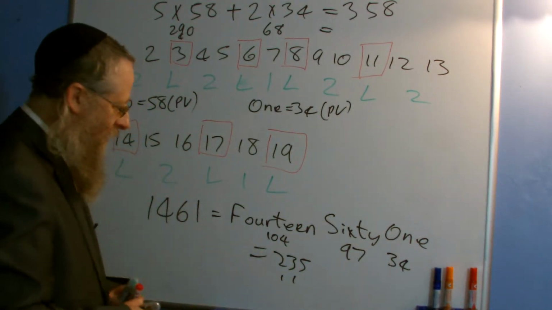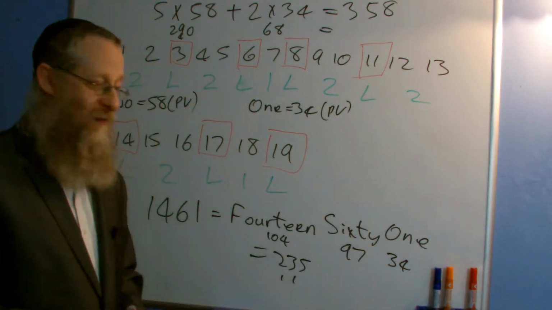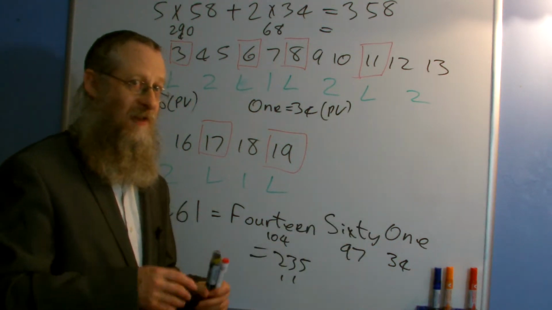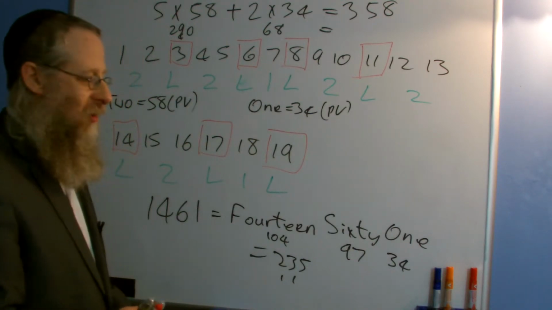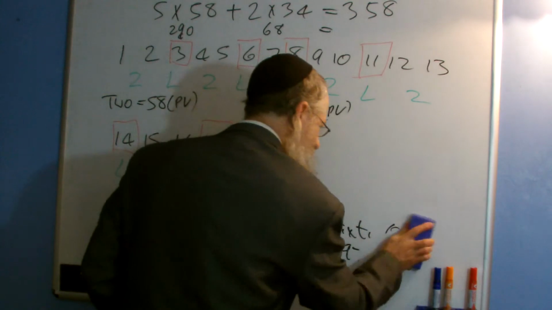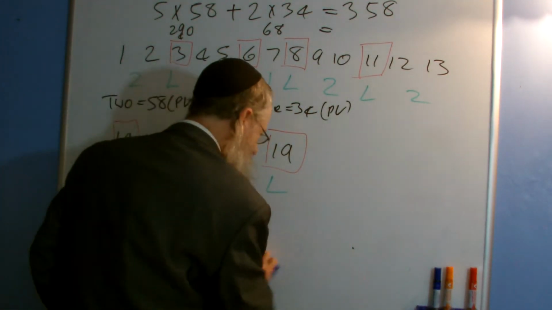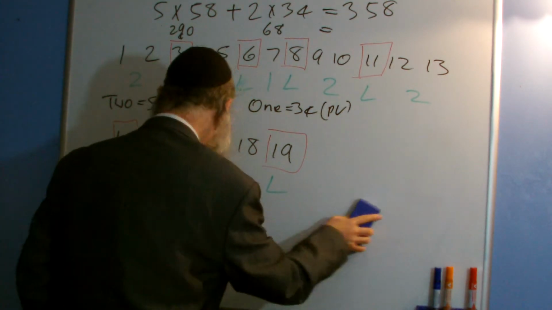So when I take that number and read it as 14, 61, I get 235, which is 235 months in the 19-year lunar leap year cycle. Okay, well, let's rub that one off. Nothing is by chance, and there's particular reasons for that as well.